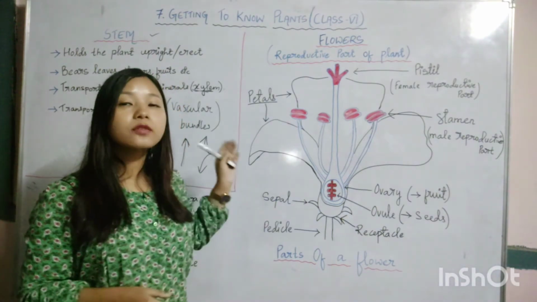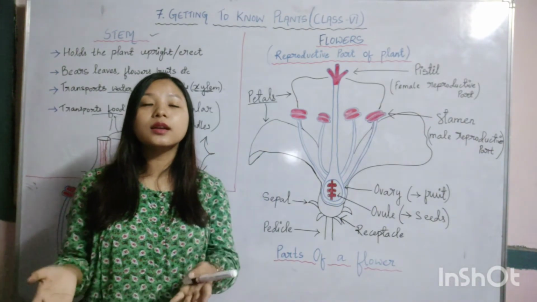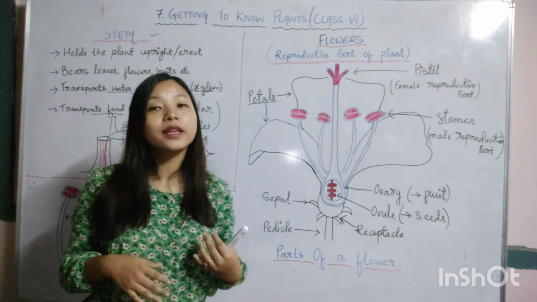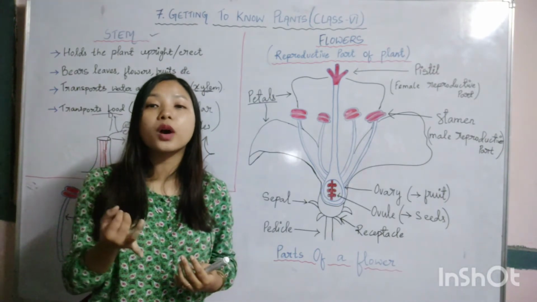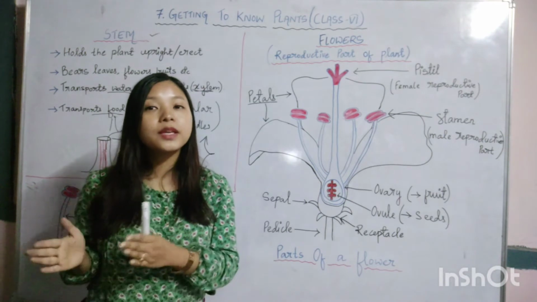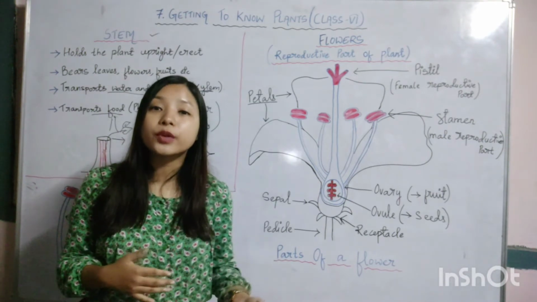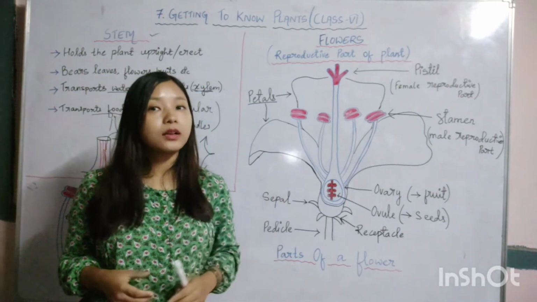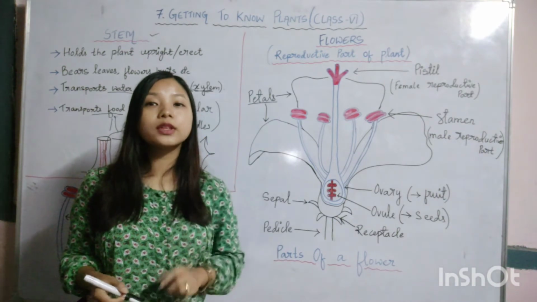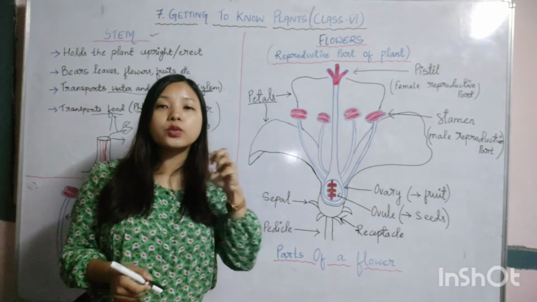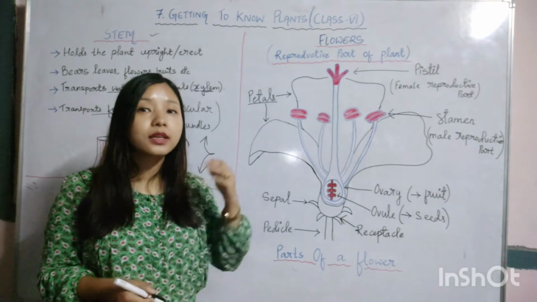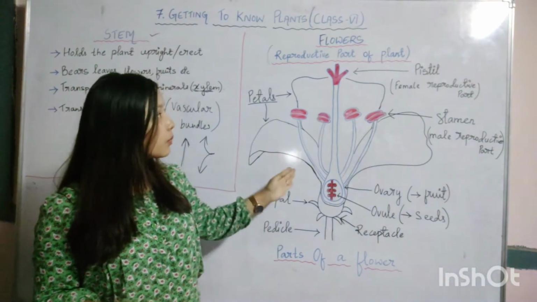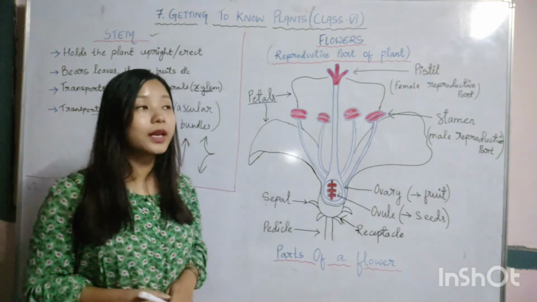The main function of these petals is the attraction of insects like bees, wasps, etc. These bees and wasps help in the reproduction of the plant. So these beautiful colors are mainly to attract the insects that help in the process of reproduction for the plant.